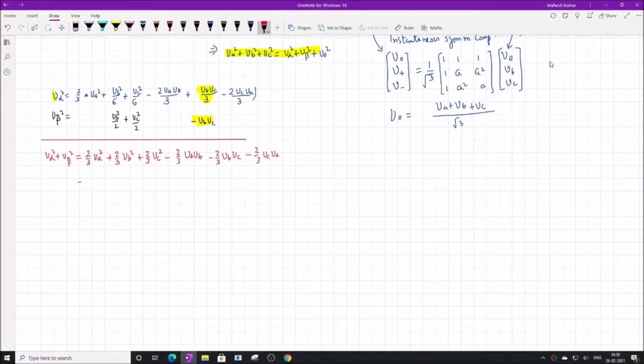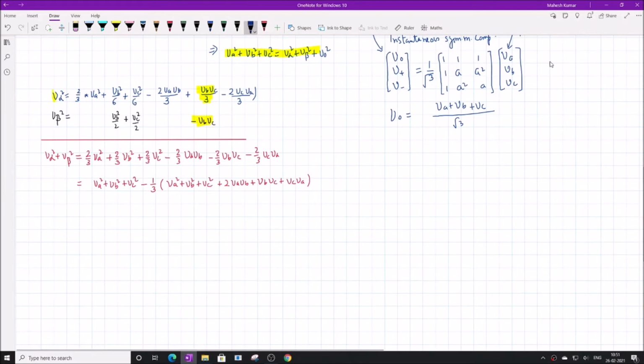Now what we will do here, we will add 1 Ba square by 3 and subtract 1 Ba square by 3. So this becomes Ba square plus Bb square plus Bc square minus 1 by 3 take common. We will get here Ba square plus Bb square plus Bc square minus 2 plus, this plus because minus is common, BaBb plus BbBc plus BcBa.